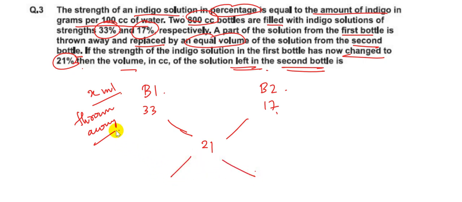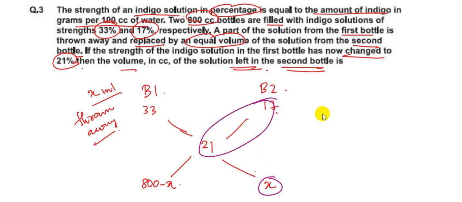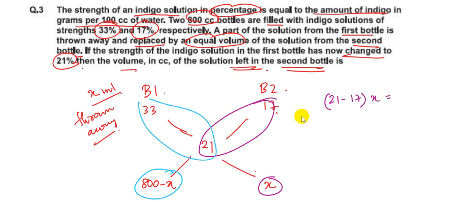So which means that x ml has been thrown away, so 800 minus x ml of the solution in bottle 1 is mixed with x ml of solution from bottle 2. So now we apply the rule of mixtures. So x into the difference of this, which is 21 minus 17 into x, equals 800 minus x into the difference of this.